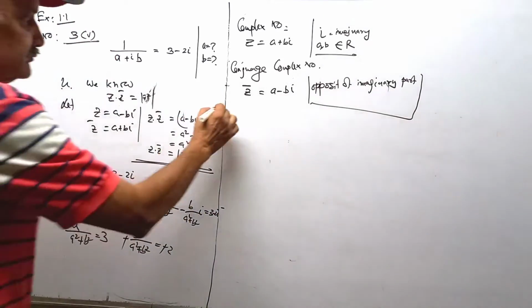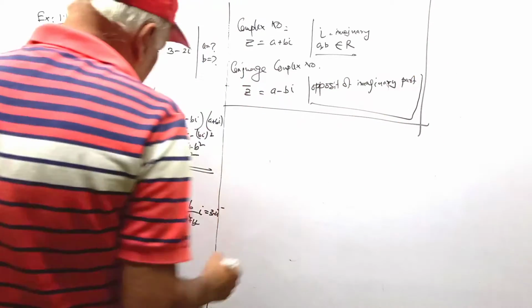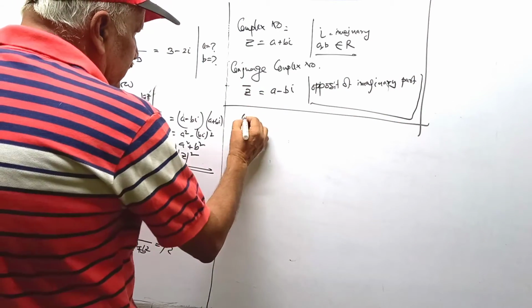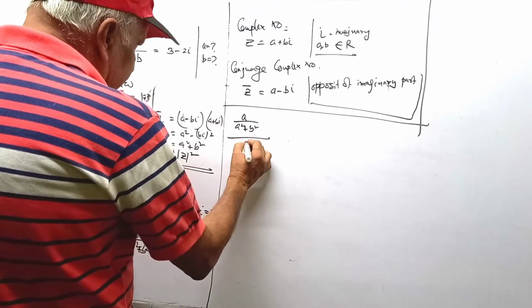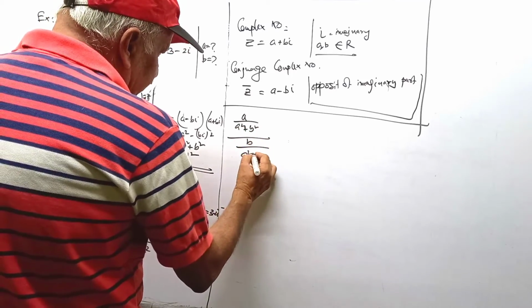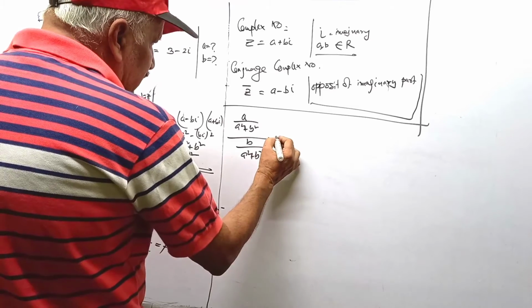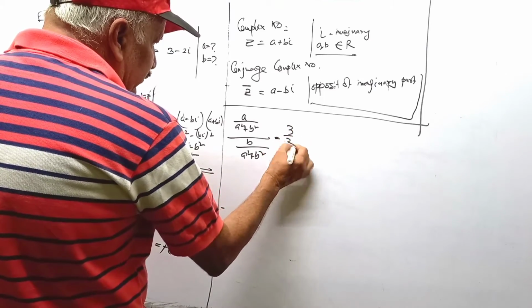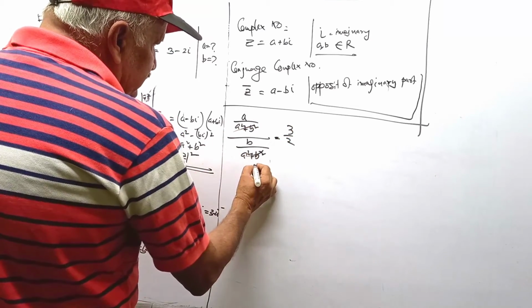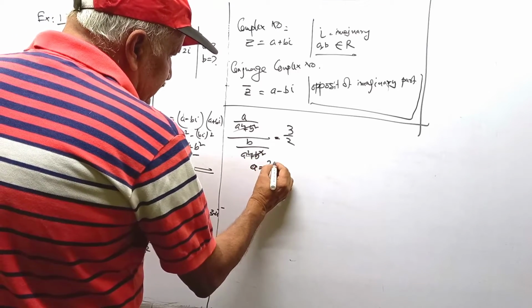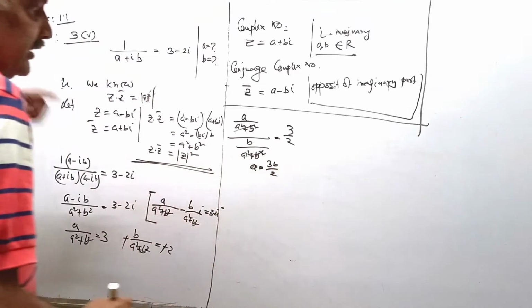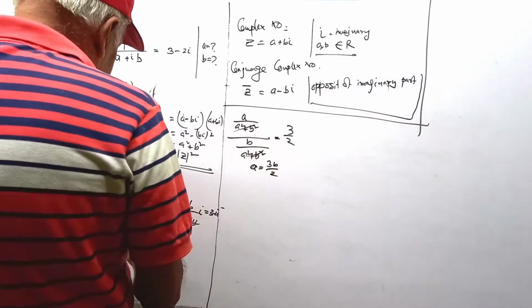Hence, we can write a by a square plus b square divided by b by a square plus b square equals 3 by 2, cancel. So a equals 3b by 2.